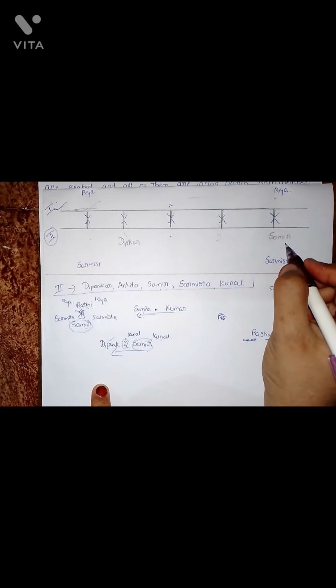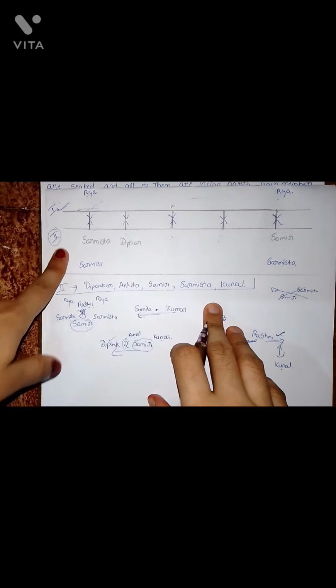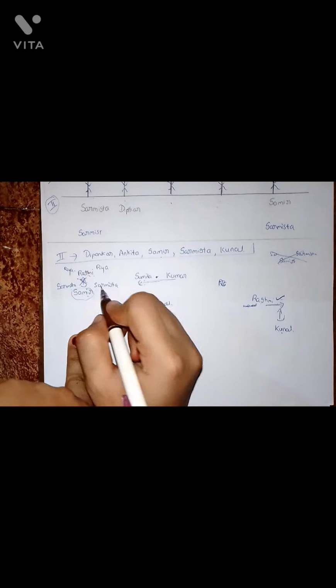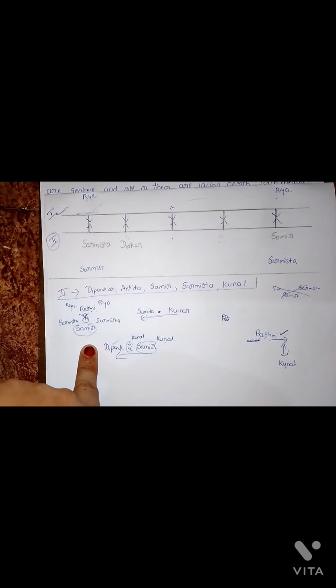But if Sharmishta comes here, the answer will be wrong, because Sharmishta is the neighbor of Deepankar, not of Samir. So that is wrong.